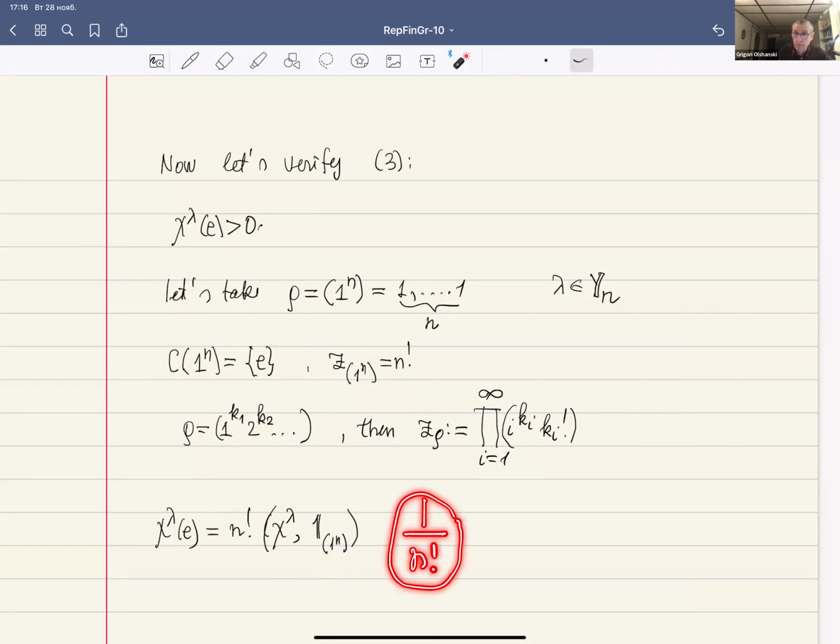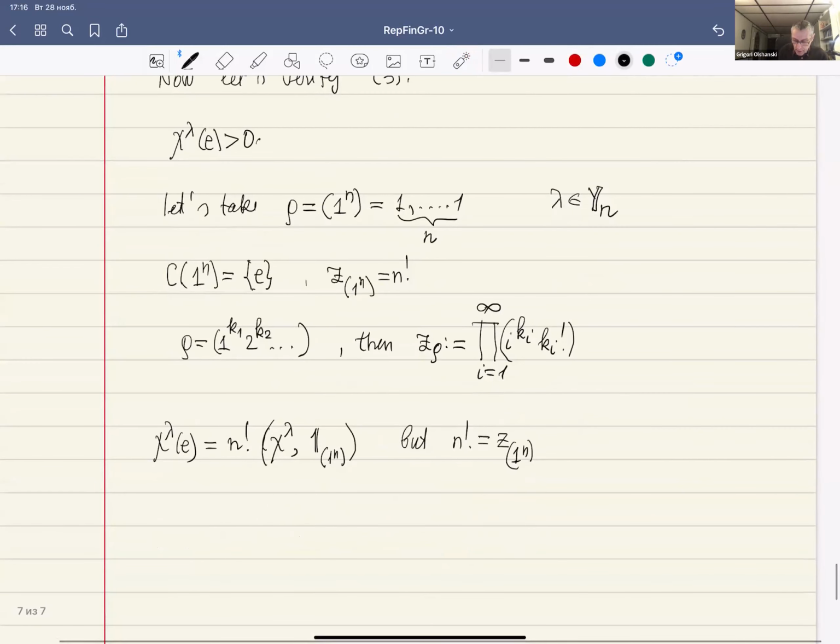To take account of this normalization, we multiply by n factorial. But we know that n factorial is this quantity. So we can write this formally as the scalar product.